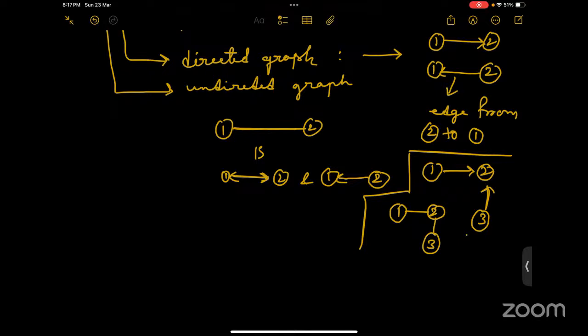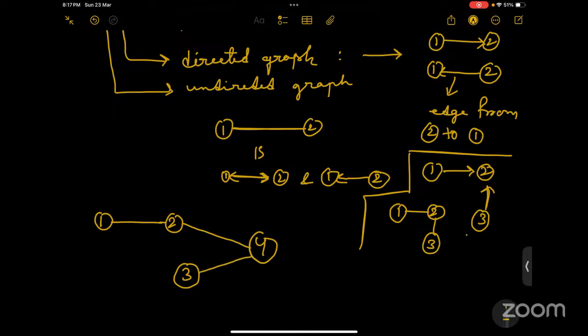Then we have path. From the word path, it is very clear, right? It's a track from one vertex to another vertex. Suppose I have this graph, and I want to find the path from 1 to 3.